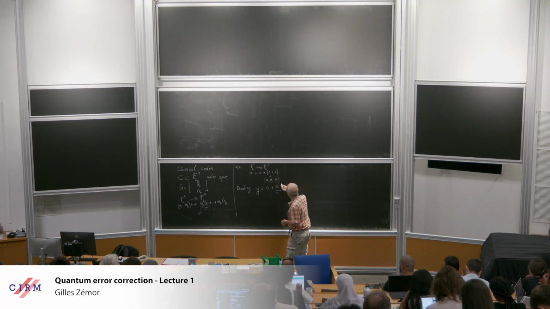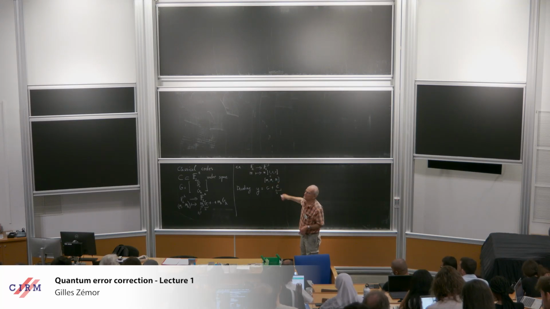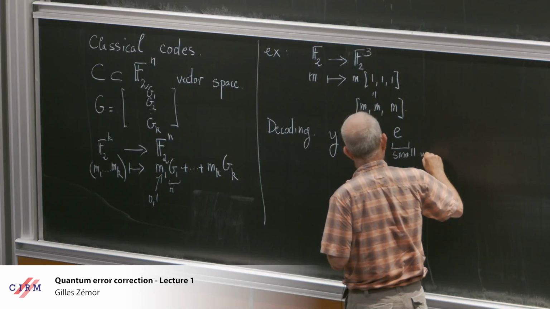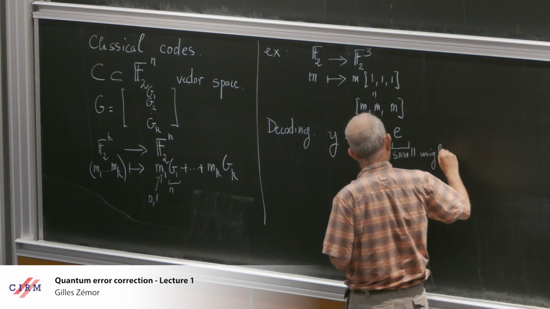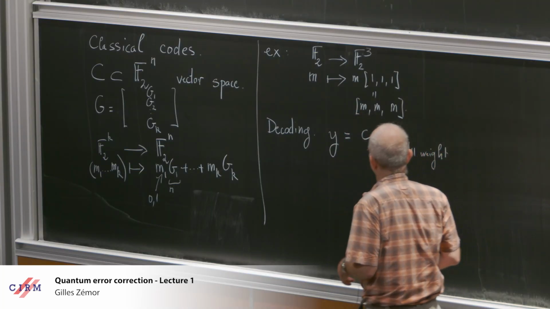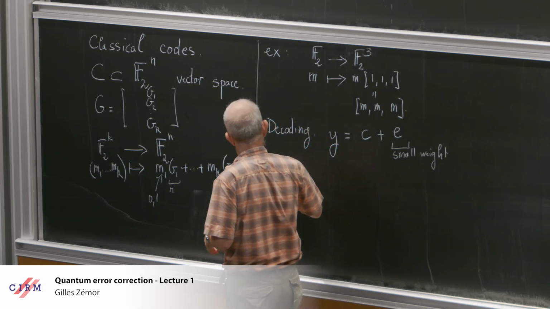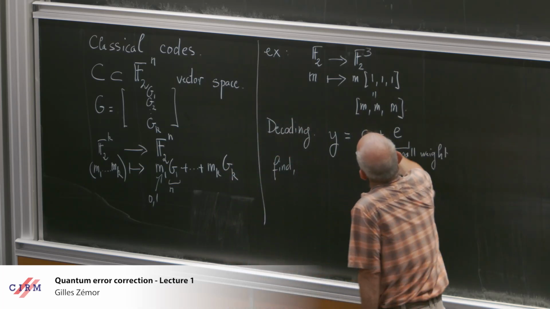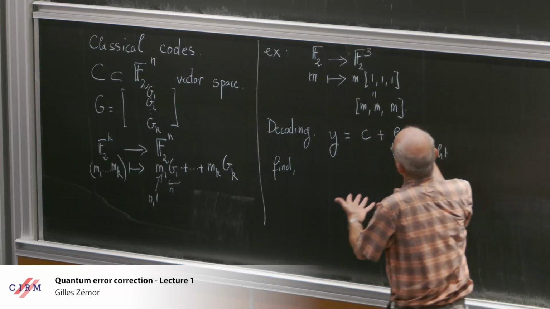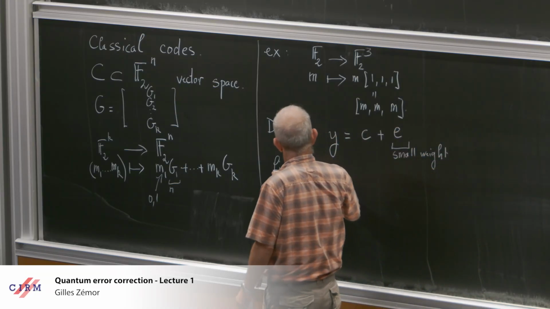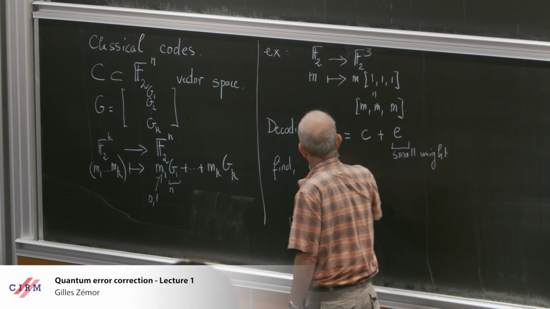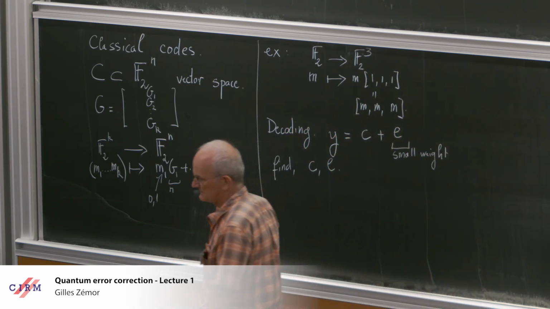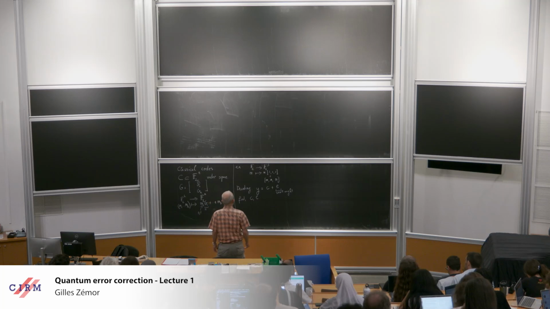So it's a binary vector, and it means it doesn't have too many ones. So you're given this y, and you want to decompose this sum. Find the original code word, equivalently find the error vector E.